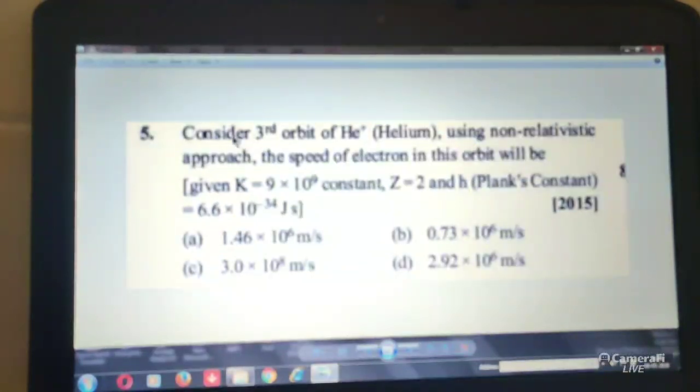Consider the third orbit of a helium ion using the non-relativistic approach.